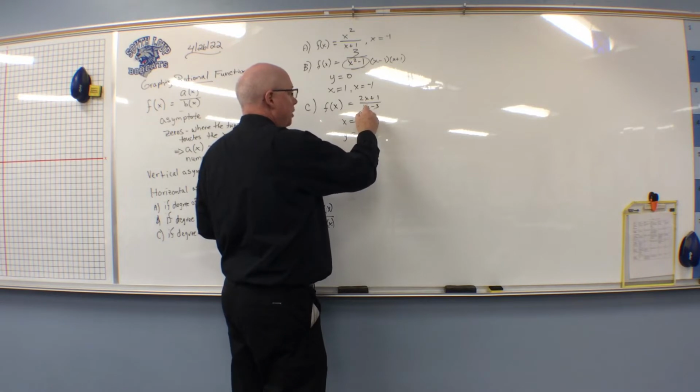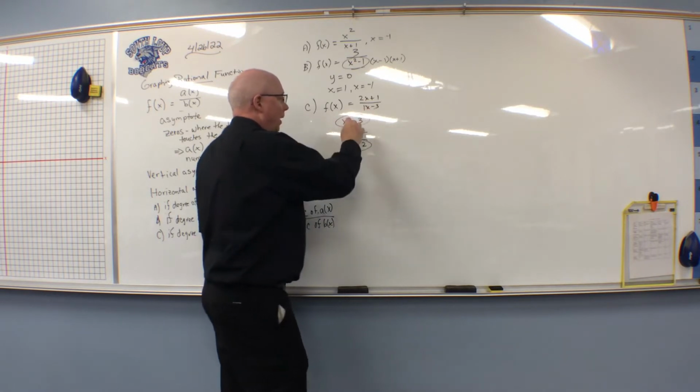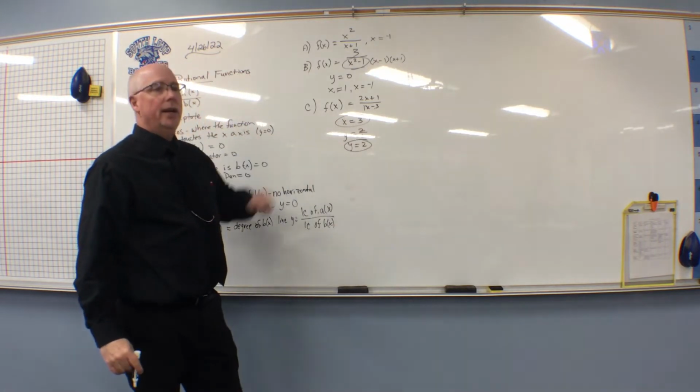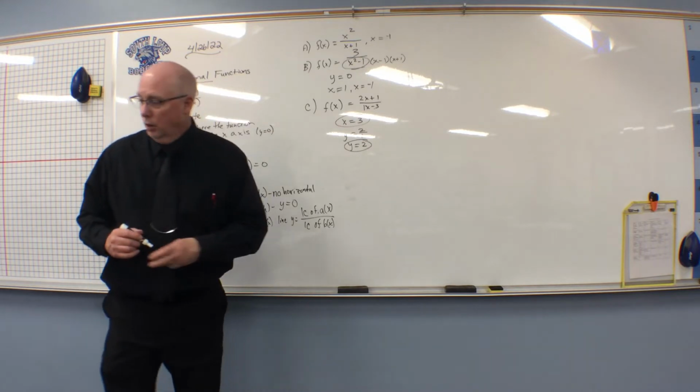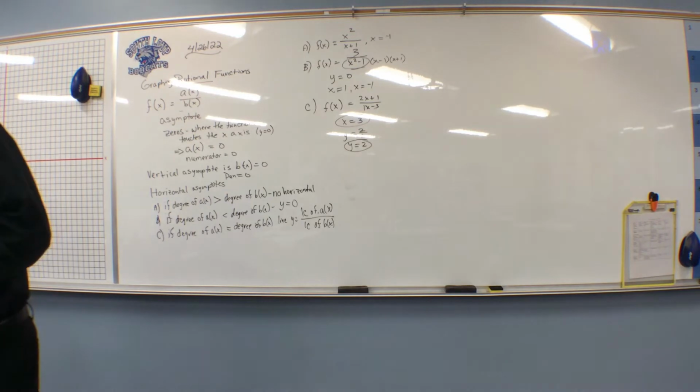So I get y equals 2 if I simplify it. So I have a vertical asymptote at x equals 3 and a horizontal at y equals 2. These are your 3. So what are you going to be doing? You're going to be graphing something like this, correct?